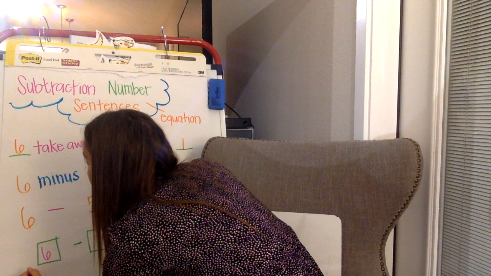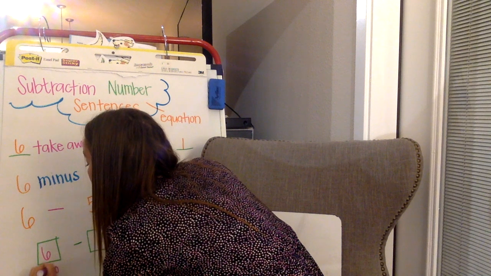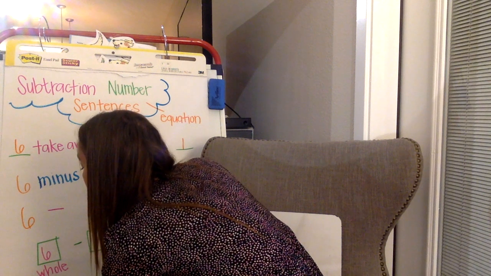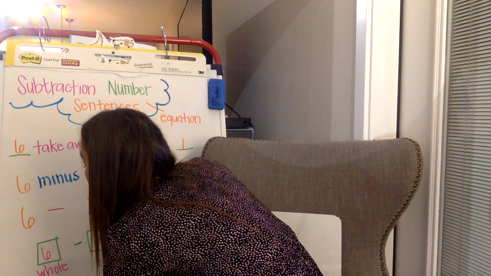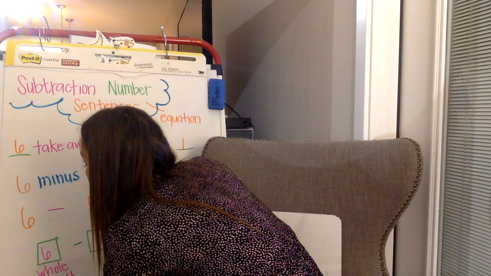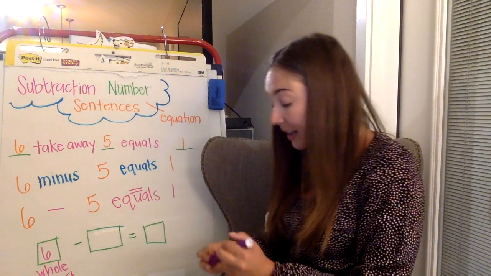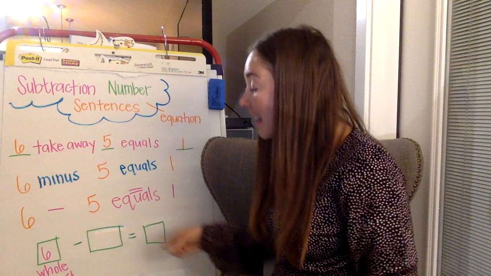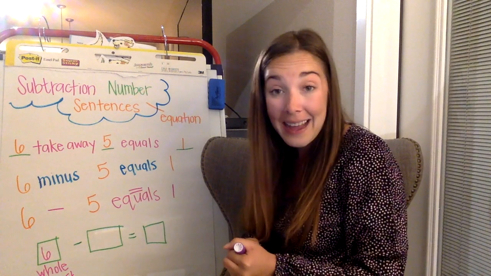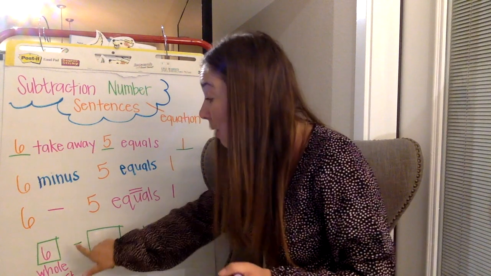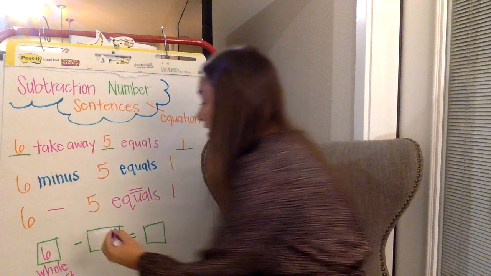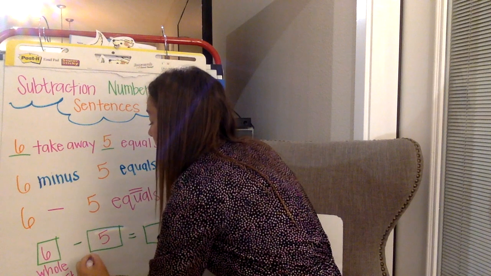So if you notice, when we write a subtraction equation, we start with the whole, or the biggest number. That's what we always start with, and that's what makes a subtraction sentence right. The whole or the biggest number. And then we take away or subtract or minus part of it. And I'm going to write a part here.